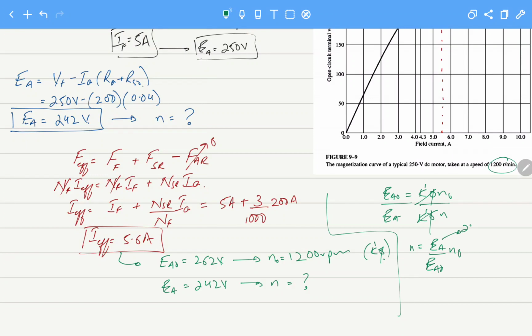And what is EA? That is the internally generated voltage after 200 amperes. This is the same effective field, and this is 1200 RPM. So the value of N will be 1108 RPM inside the machine.